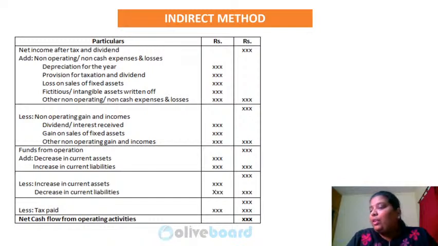If you are declaring dividend for equity, then that also has to be cancelled out, no? So it is every dividend, whether it is preference or equity. After dividend means all the dividend.